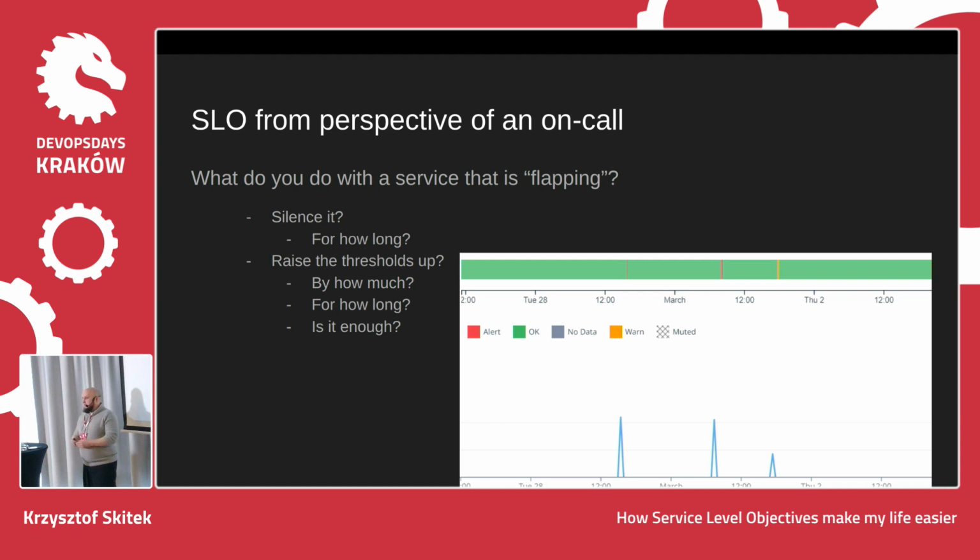So again, the guessing game begins. Also, this might be a long-standing problem. It only manifests in just those few spikes. But if you raise the threshold too high, you might lose some critical information or alert just before your system went down.